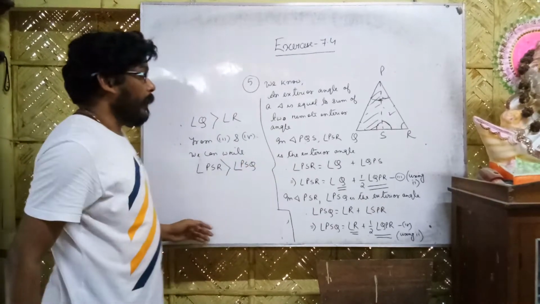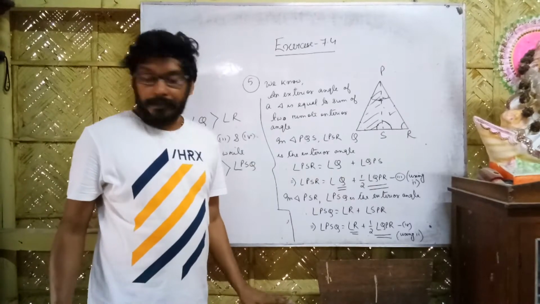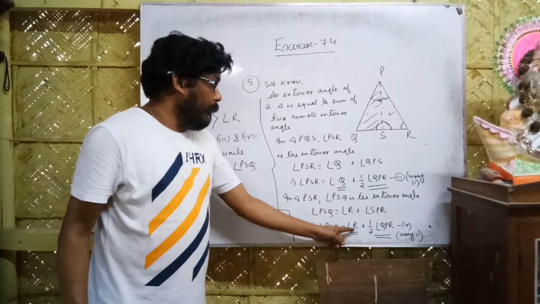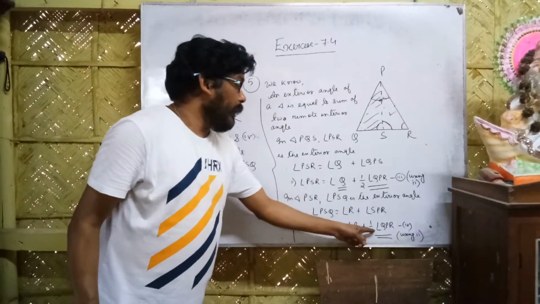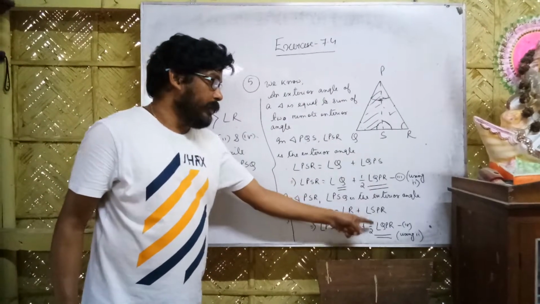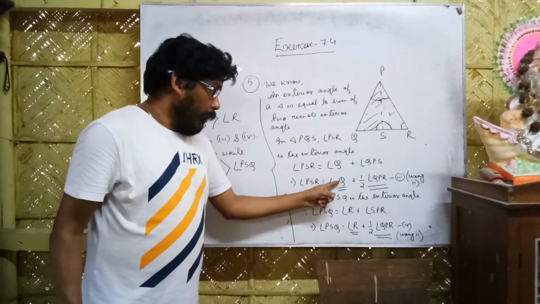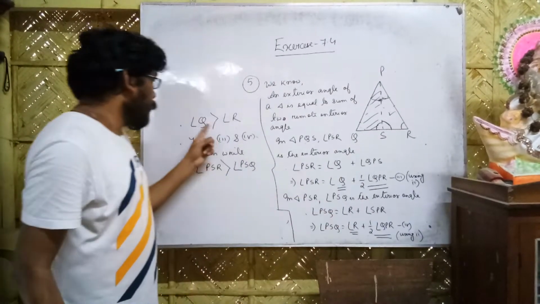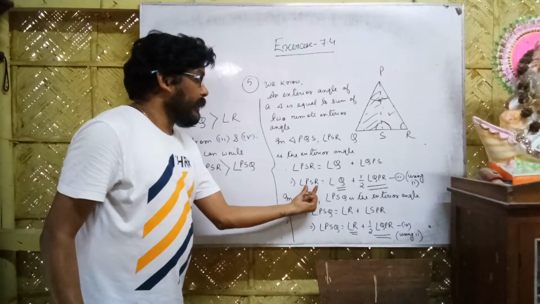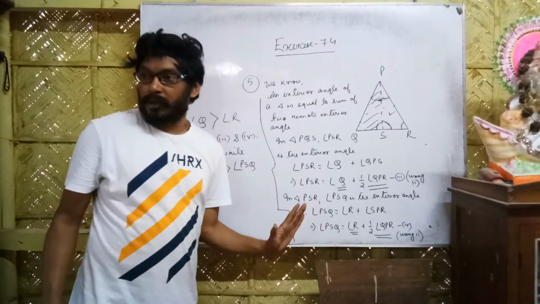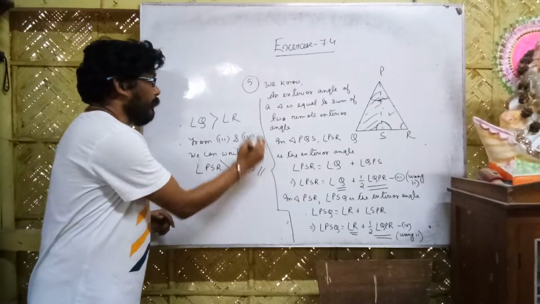I repeat again: PSR is the sum of angle Q and half angle QPR, and PSQ is the sum of angle R and half angle QPR. These two values are the same, and of Q and R, Q is bigger. So automatically the PSR result will be more than PSQ. Okay? So this is the end of question number 5.